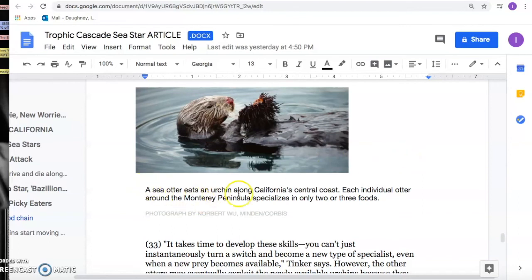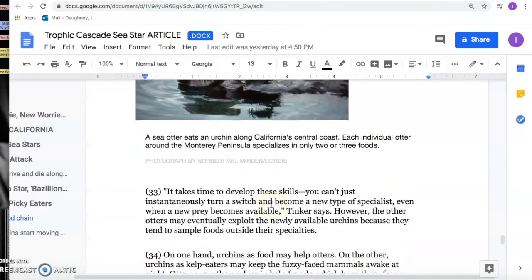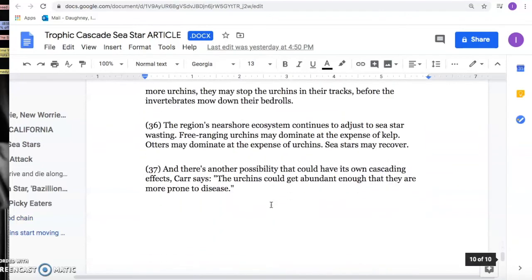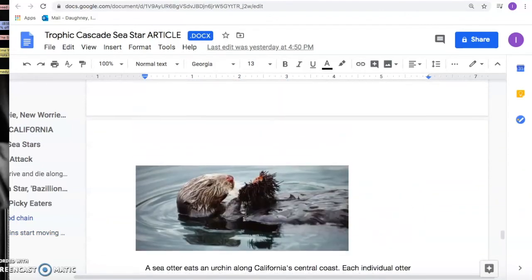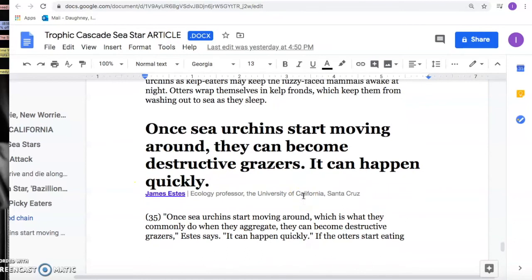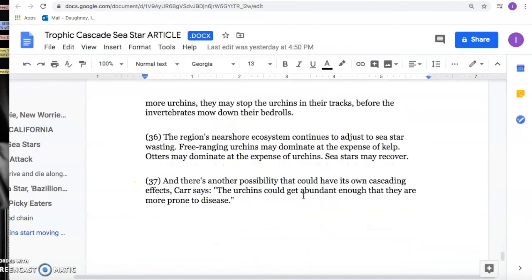Here's an otter eating an urchin. Maybe the otter population could go up because of the urchins, okay? Because there's so much food for these otters. But they talk about, okay, what that means and how much the otters might be eating. And then they also talk about how urchins are grazers, okay? So they are eating kelp, right? So free-ranging urchins may dominate at the expense of kelp.